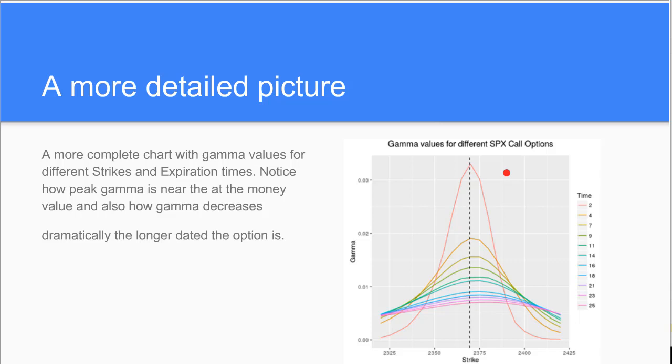However, there is something that is even more inefficient, and that is buying options that are deep in the money. That's super inefficient because notice what happens. Let's say you buy an option that is here. You're buying low gamma because the option is already in the money. What happens if the market moves in this direction? The option becomes more and more in the money.